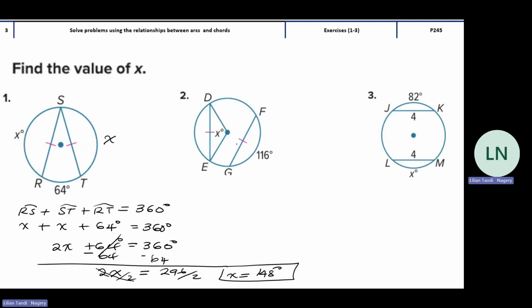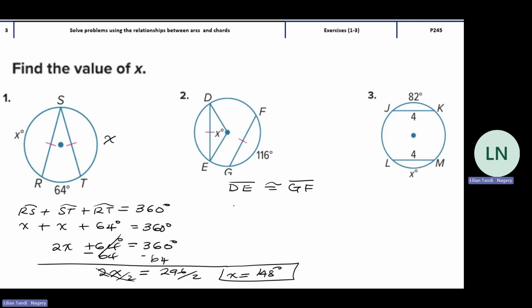Okay. Now, because the chords are the same, the arcs must be the same. We start with the chords because chord DE is congruent to chord GF. Chords are lines, okay?